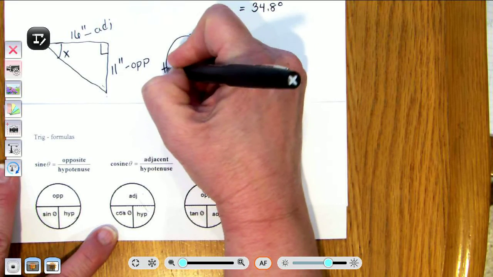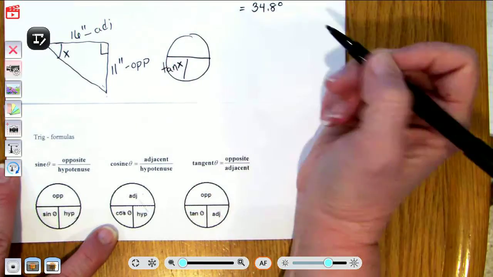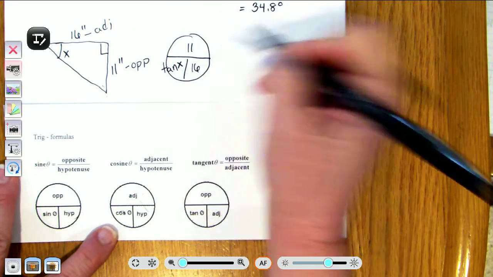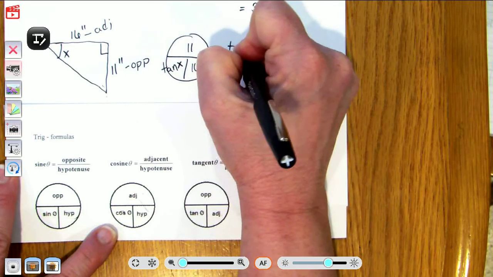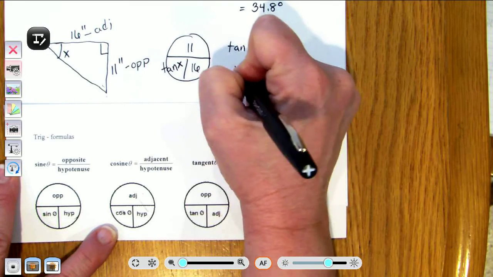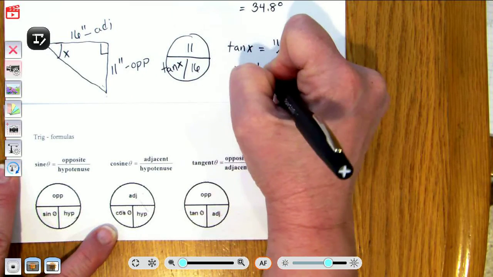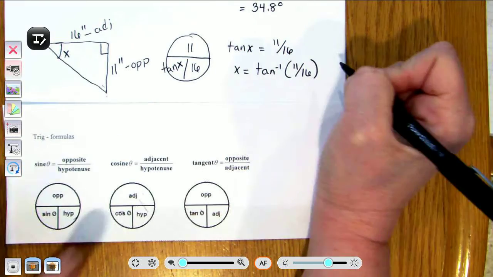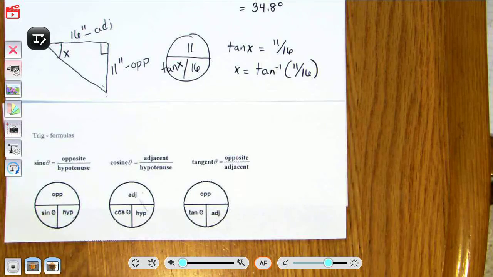So tangent of my x, my opposite was 11, my adjacent was 16. So that means the tangent of x is 11 over 16. X will be that inverse tangent, or that undo tangent of 11 over 16.